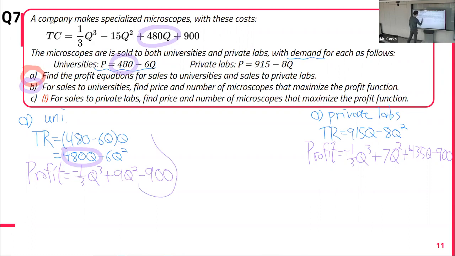So trying to find our max profits, we find the first derivative of our profit equation, which will be -Q squared plus 18Q. That's that, and we set this equal to 0.